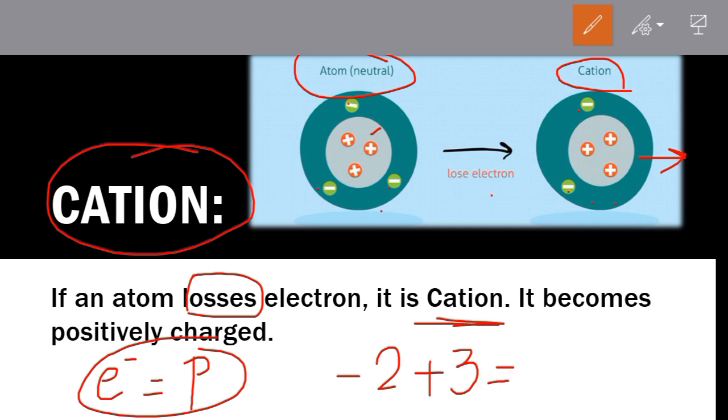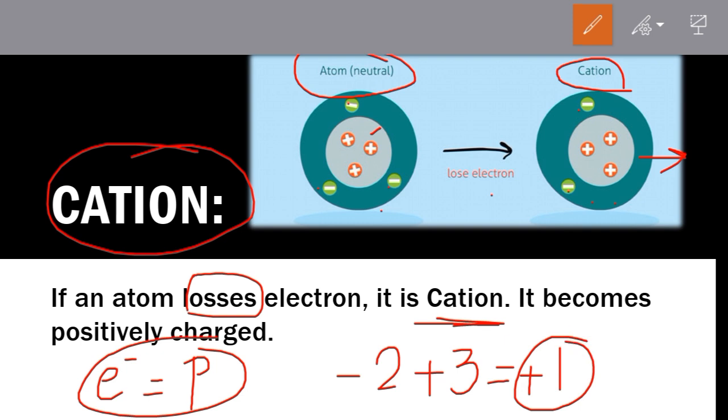So when we add them up, according to the mathematical rule, we know that minus plus comes with minus, so we have to subtract them. 3 minus 2 equals 1. And always it comes with the sign of the greater value. So it will have plus 1 charge.